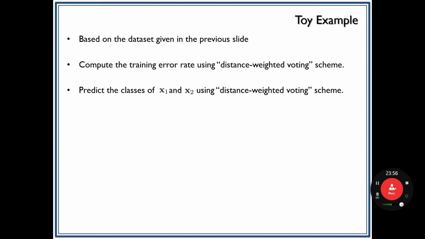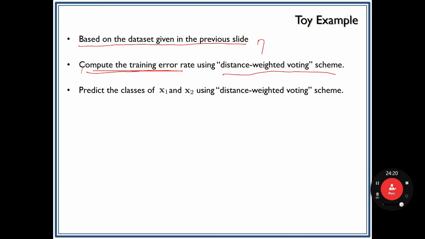And this slide is about the distance weighted voting scheme. Based on the data set given in the previous slide, having just 7 data points, 7 observations, compute the training error rate using the distance weighted voting scheme.